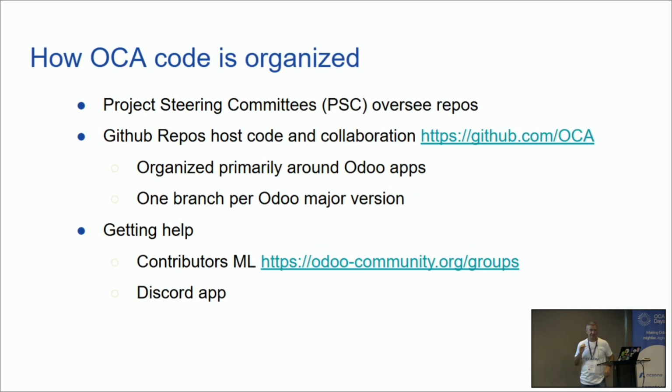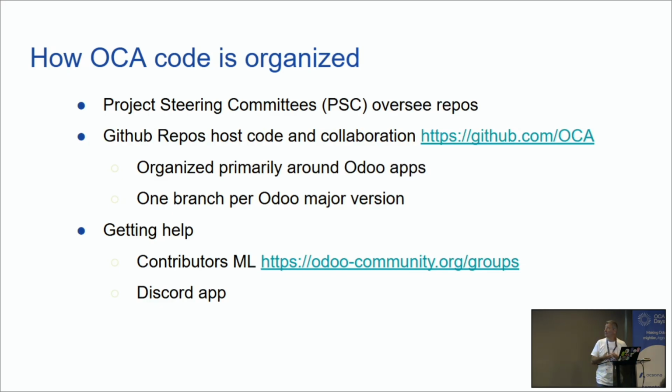Okay, the second thing that's important to know is to understand how the code is organized under the OCA repositories and how the people coordinate themselves. We have something called the project steering committees. From an organization point of view, these are the people who are responsible for a GitHub repository or a group of repositories.